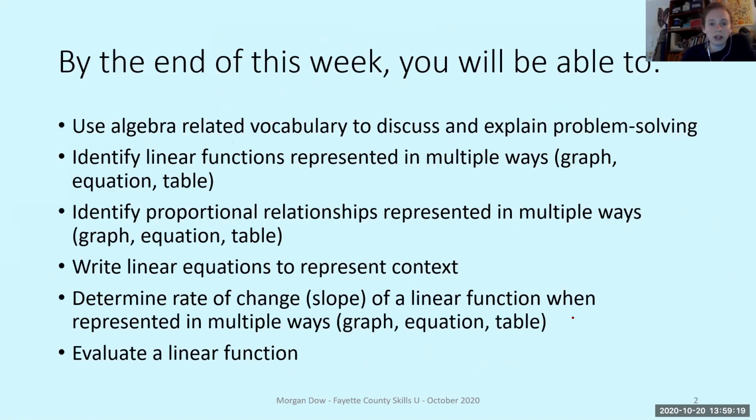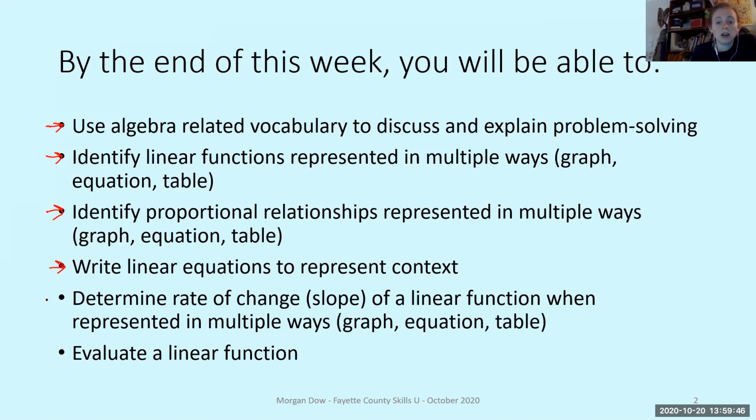All right, so our learning goals for this week, a couple of these are continued from last week. So we're going to continue using algebra related vocabulary to discuss and explain problem solving. We're going to identify linear functions represented in multiple ways. Identify proportional relationships represented in multiple ways. We're going to write linear equations to represent context.